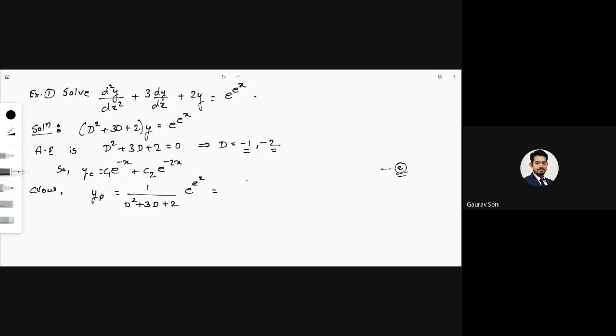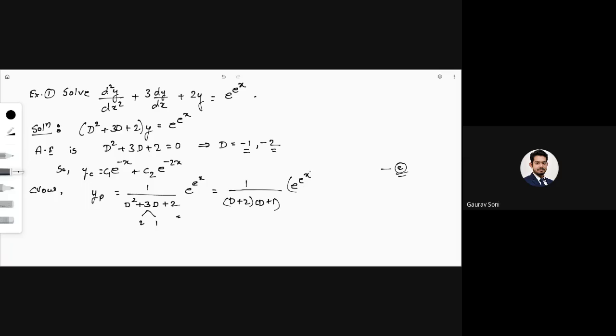I can factorize 1 upon D square plus 3D plus 2 by splitting the middle term in such a way that the product is 2 and the addition is 3. 2 and 1. So we get 1 upon (D plus 2)(D plus 1) e to the power x.